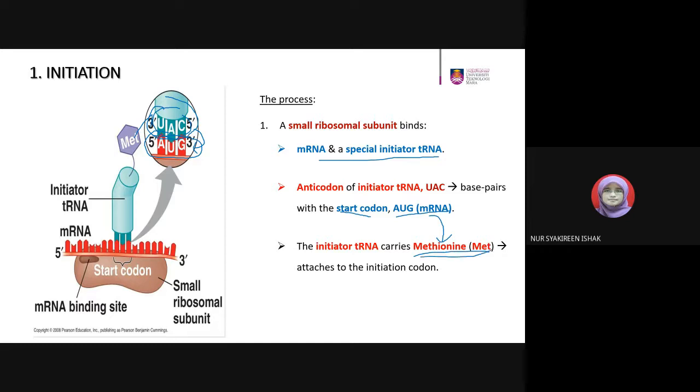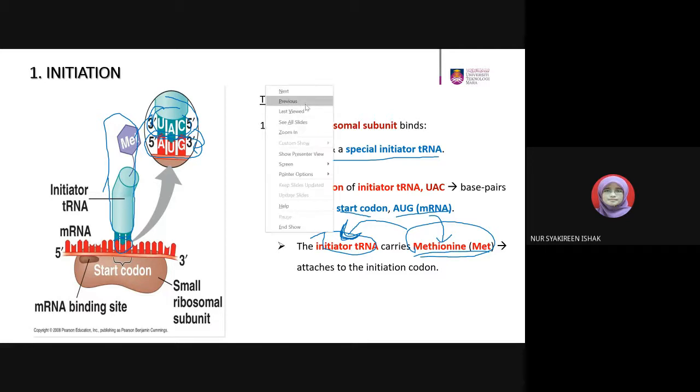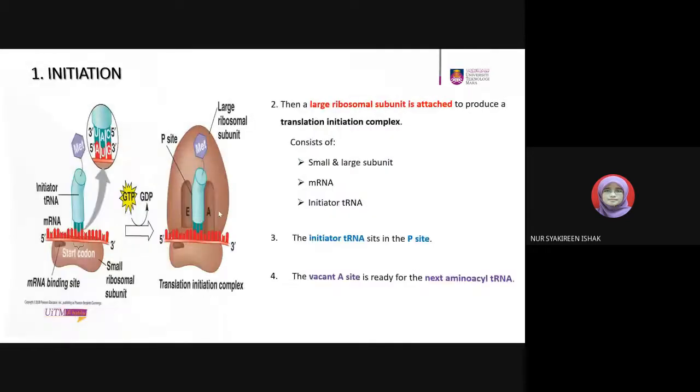So this methionine amino acid will be brought by the initiator tRNA. This is the initiator that brings the methionine amino acid according to the start codon here on the mRNA.